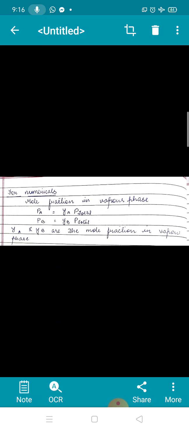If you have not written down the notes as yet, you may continue together with Raoult's law this particular formula. If Ya and Yb are the mole fractions of the vapors of A and B, then Pa in the vapor phase will be equal to Ya P total and Pb is equal to Yb P total. This formula you need to remember for working out the numericals which I will be giving soon. Is that clear?